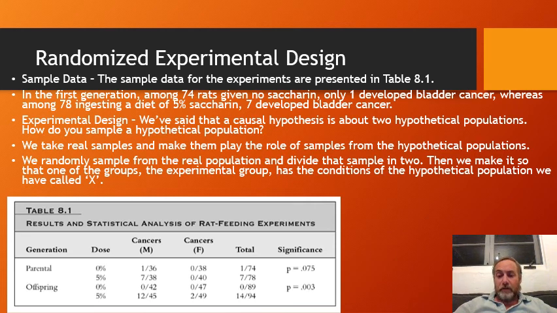All we do, as they did with these rats, is take real samples and make them play the roles of the hypothetical populations. You randomly sample from the real population, and then divide that sample in two, also randomly. Take one of the groups, call it the experimental group, and make them live in the world where they all get saccharin. Then take the other group, the control group, and make them live in the world where they get no saccharin.